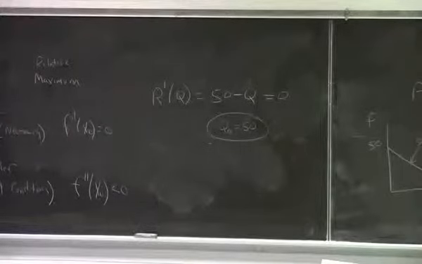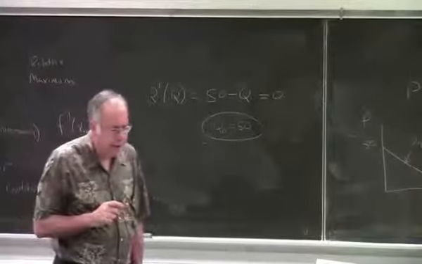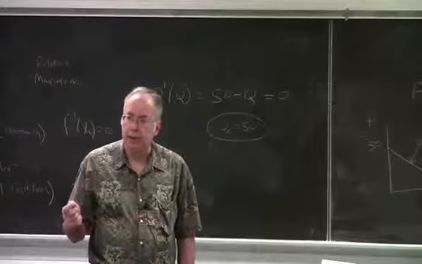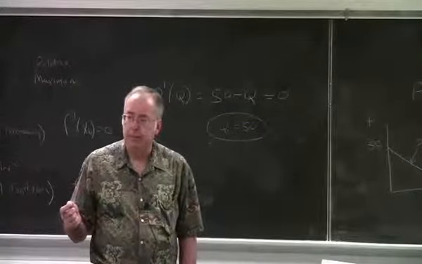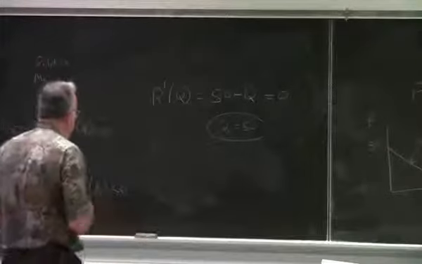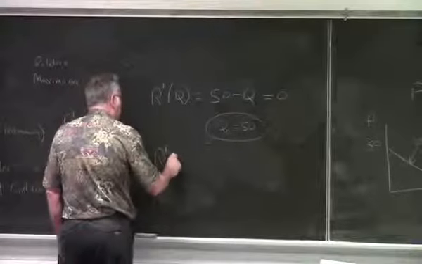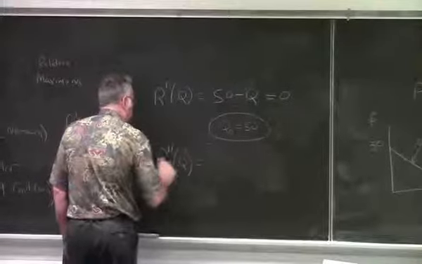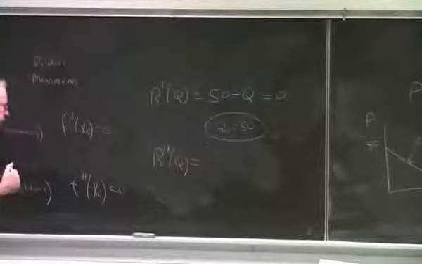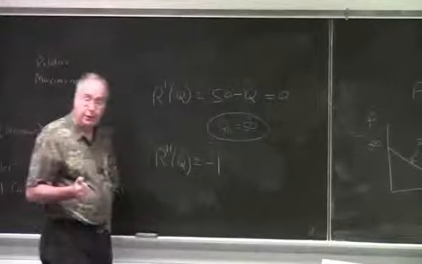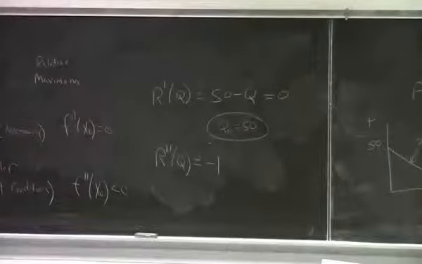Okay. Now, can I be sure that we've actually maximized revenue? What do I need to do to make sure that revenue is a maximum? Second derivative. Exactly. Take the second derivative. And what is the second derivative, David? Yeah, it's negative 1. And it's negative 1 for all values of Q. So what does that mean then, David?